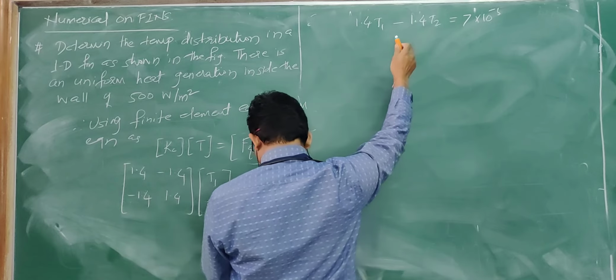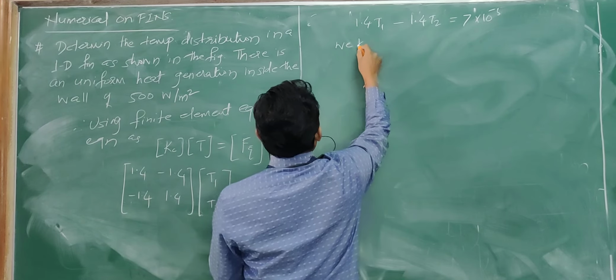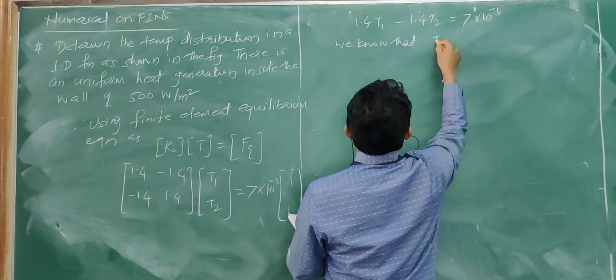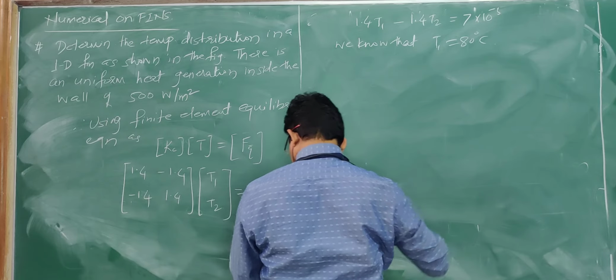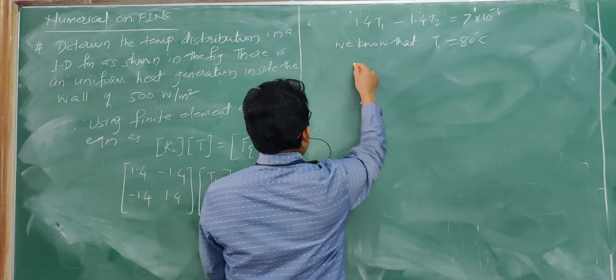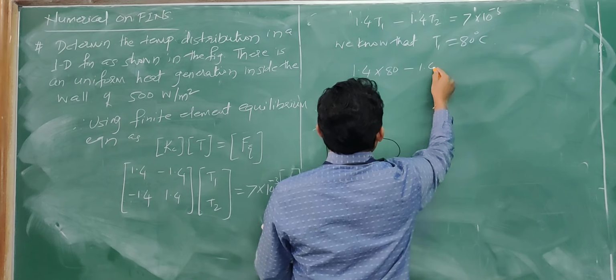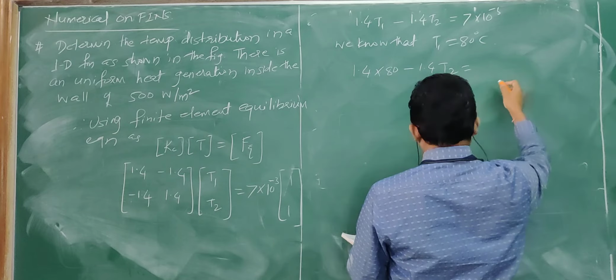If I substitute, we know that T1 equals 80 degrees centigrade. So what will I get? 1.4 into 80 minus 1.4 T2 equals 7 into 10 raised to minus 3.